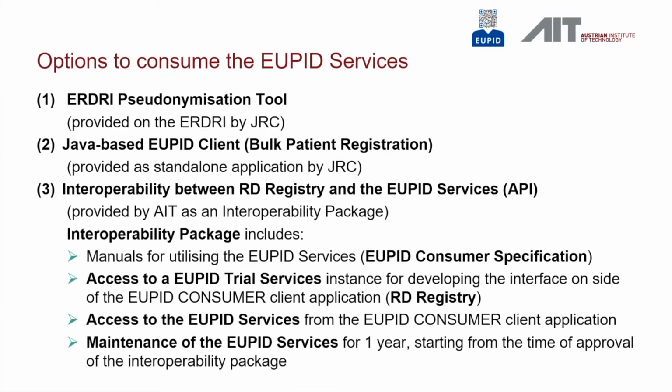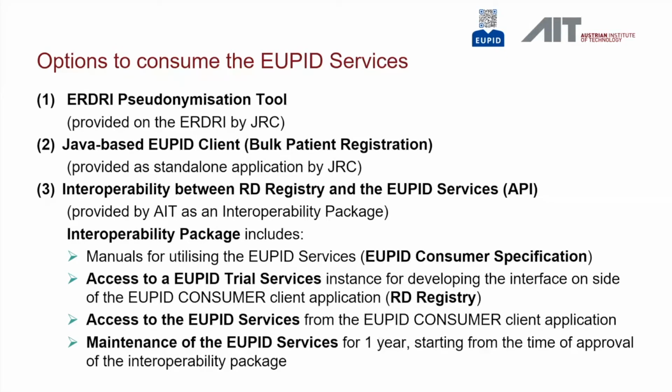Now, what does such an interoperability package include? First of all, manuals for utilizing the services. This is the EUPID consumer specification. Then you gain access to a EUPID trial services instance where you can do your development for the interface on the side of the rare disease registry. Then this implementation will be approved. That means that we will check together with you whether the implementation is fine.